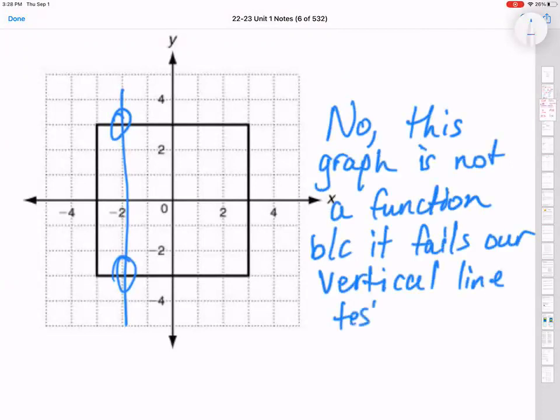And yes, on the homework and the test, you would need to write a little phrase like that. So yeah, that is our 1.1 set of notes.